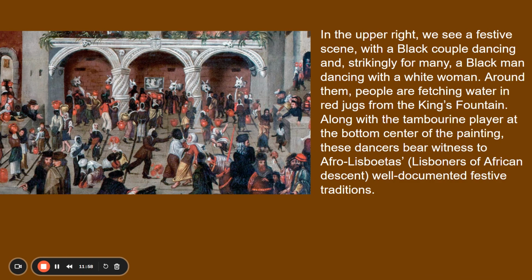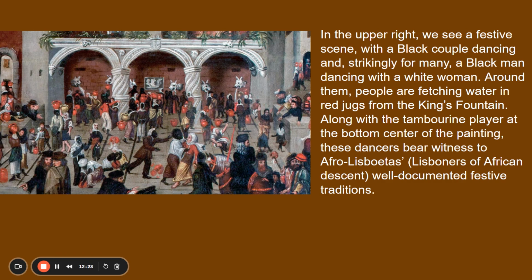And that's exactly what this is. So the King's Fountain is a public water source where people who live in close proximity can bring their water jugs, collect their water, and then bring it back to their homestead. That helps bring the name of the painting into what's happening in the painting.